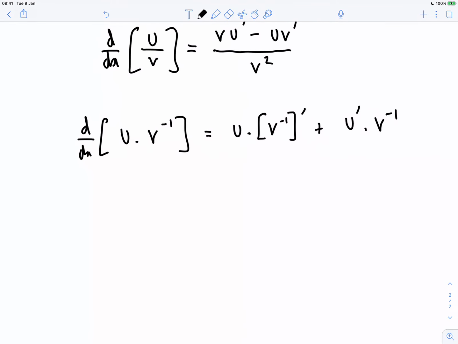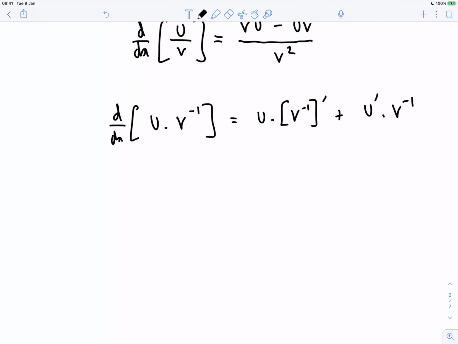Now careful, v is a function of x. So if we call this thing g, then g is a function of v, which is a function of x. To differentiate g with respect to x, I need to do dg by dv, and v to the minus 1 differentiates to minus v to the minus 2, treating v to the minus 1 like a function of x.